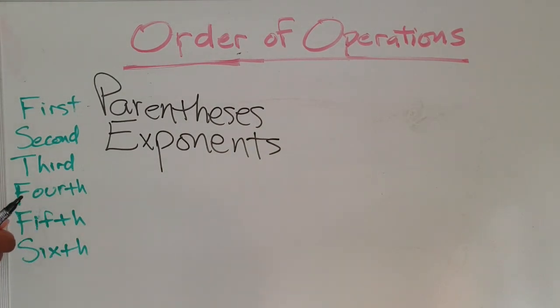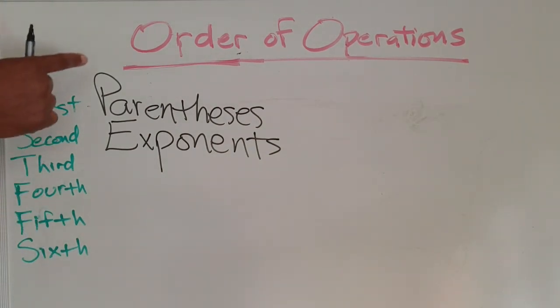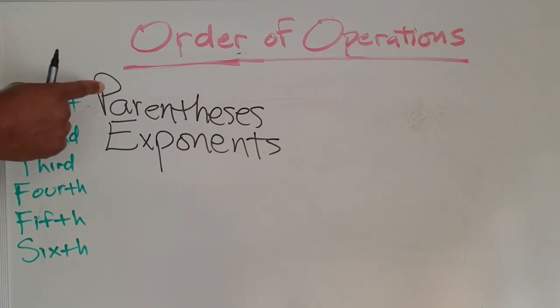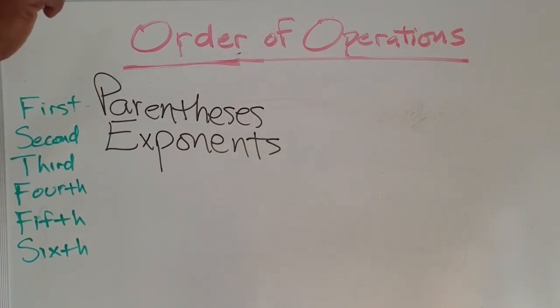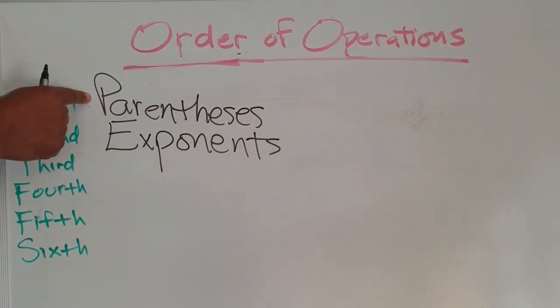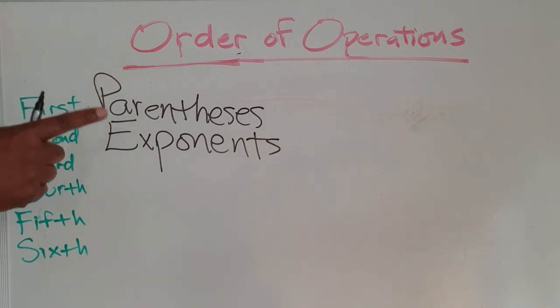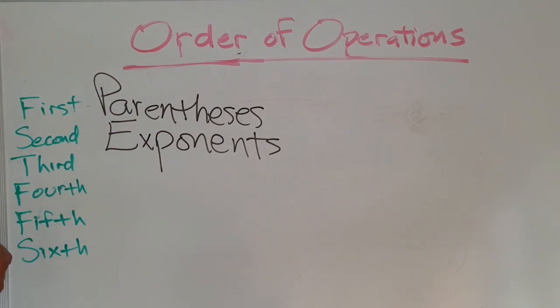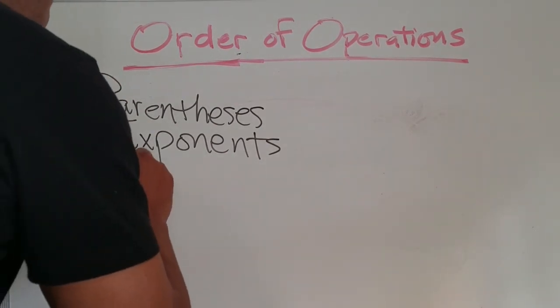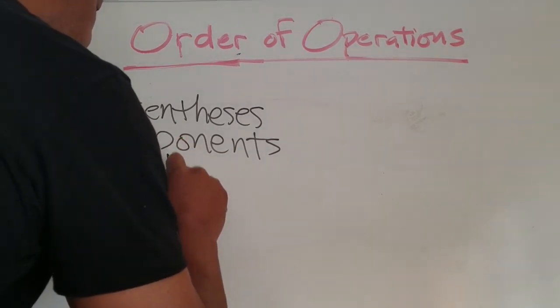Now, I do want to say you do parentheses if there are parentheses. Huge if. Parentheses if there are parentheses. Next you do exponents if there are exponents. Then the next operation is multiplication.